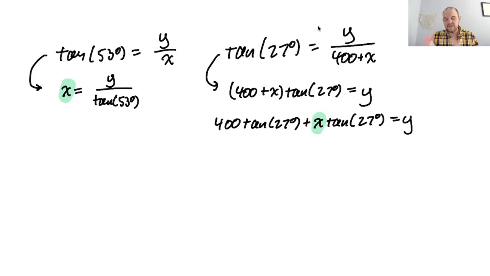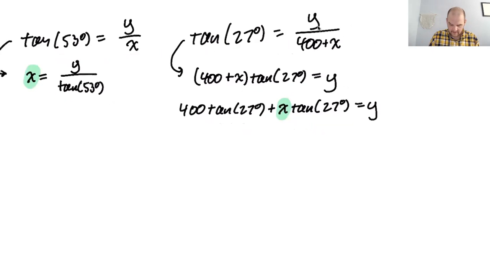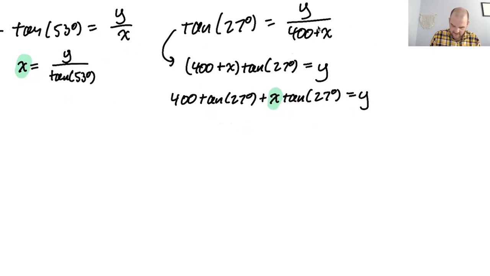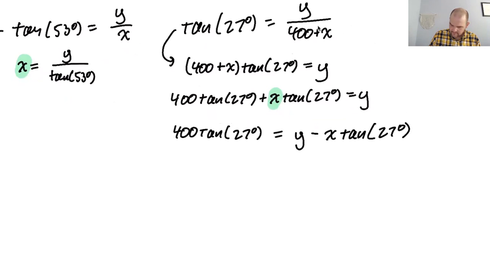So I'm going to continue working on what I'm working with now, and I'm going to move that to the other side. So I'm going to say that, nope, 400. I confused myself, that t looked like a plus. 400 tangent of 27 equals y minus x tangent of 27. And I still know that this x is the same as all the others, so it's actually y over the tangent of 53.